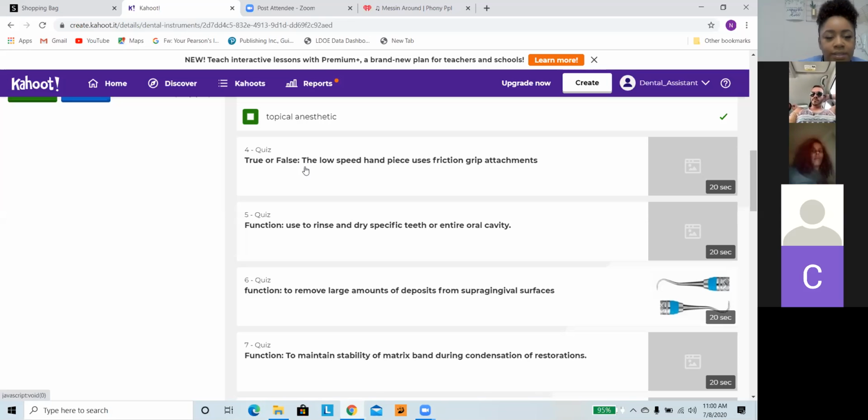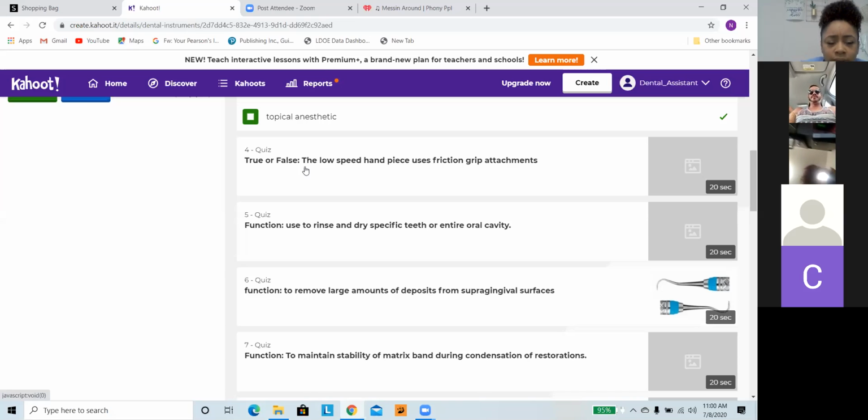If you don't press really, really hard with that fingernail file, you really don't get a shape, right? So the low speed does the same thing, if that makes sense.